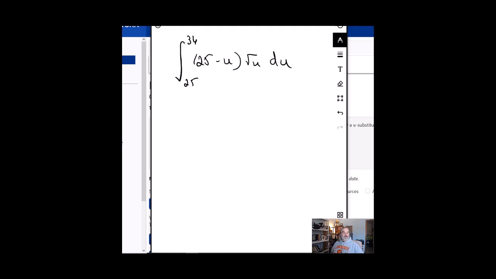This version of the integral is much preferred to the other one, because this is the integral from 25 to 36 of 25 square root of u minus u square root of u du.